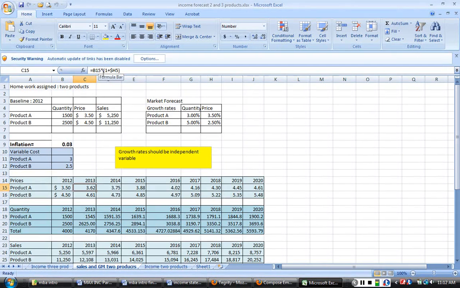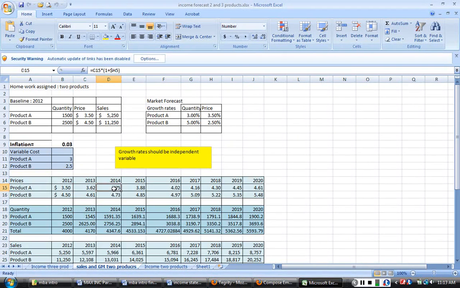The growth rate for price is right here in H5. So the growth rate is 3.5%, but it's in cell H5, so that's why it is 1 plus H5. And so now we get that number.